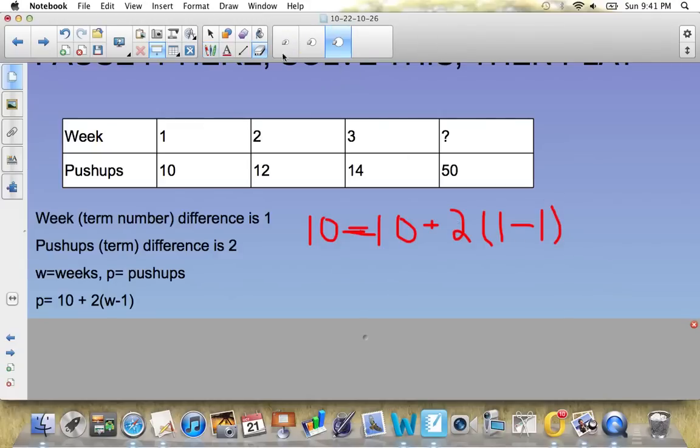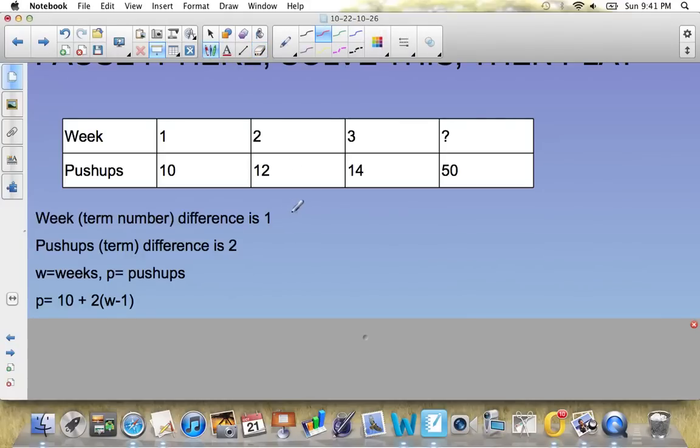That works. How did I get this formula? Well, let's look at the second one. How do I get to 12 from 2? Well, I could do 2 times 6, but that doesn't make sense because 1 times 6 doesn't work, and 3 times 6 doesn't work either. But I know I'm starting at a base of 10 because there's a relationship here.